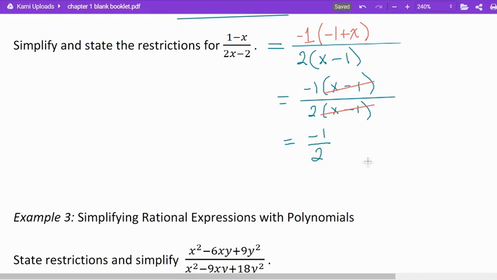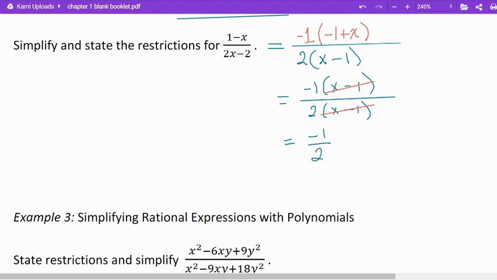Restrictions? This is where people get stuck. But in the end, there isn't an x in the fraction, so I don't need restrictions. Not true. To set restrictions, we look at the entire solution, and we set restrictions for the entire solution.